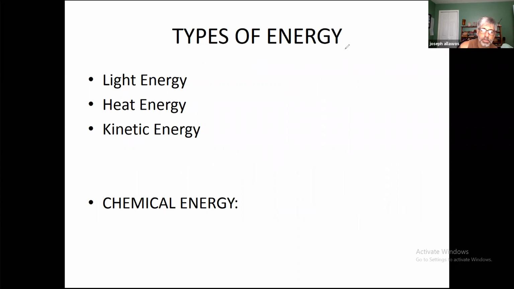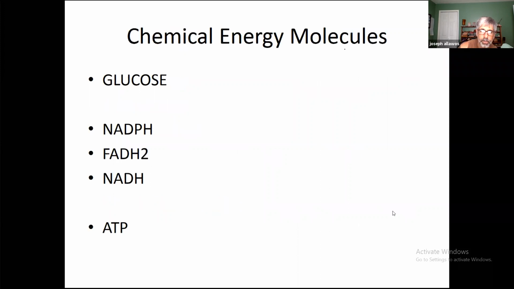Okay, so let's think about that. Here's the short list of chemical energy molecules. And by short list, I mean, well, there's not that many, right?